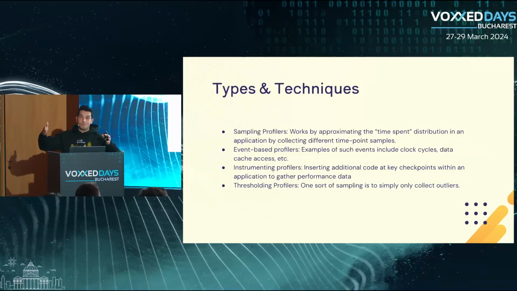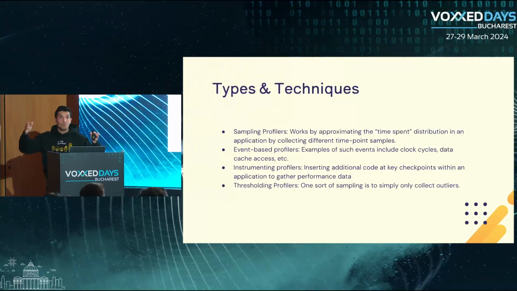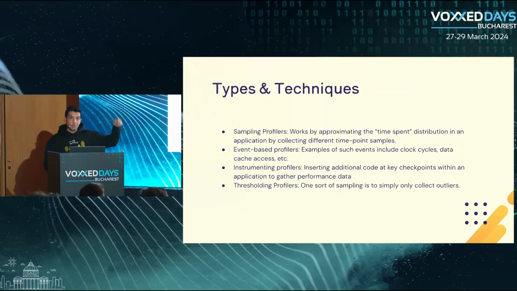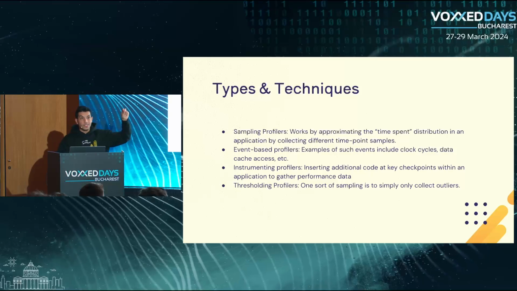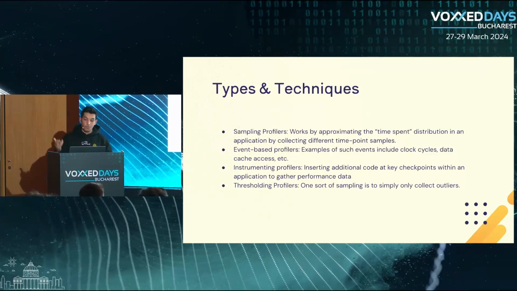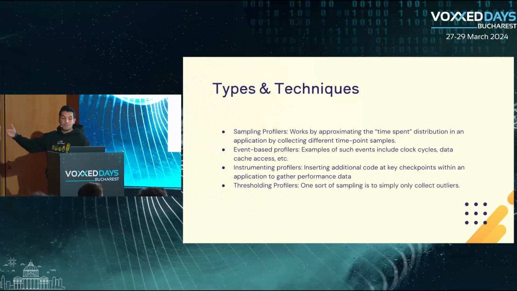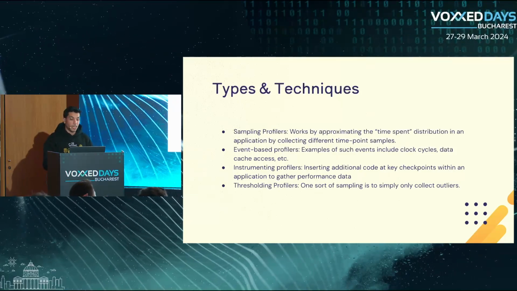We collect it at each 100 milliseconds, 200 milliseconds, and so on and so forth. So basically, getting those information, getting a sample, that's where the sampling profiler came from. We get a sample from the execution, memory, CPU, and so on. We collect that information and send it back. So we have time points that are collecting the information, and we send it to the profiler for more analysis.